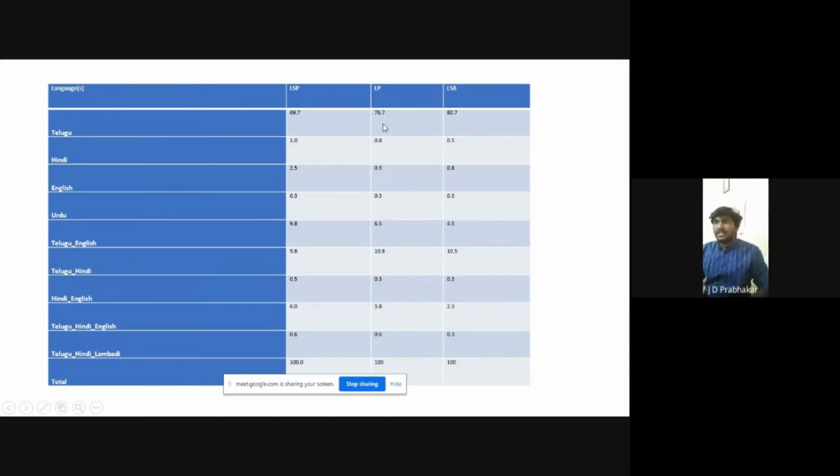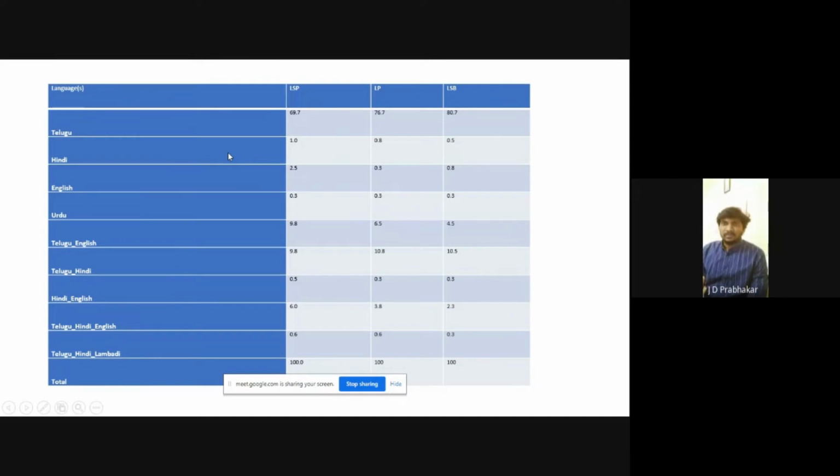So Telugu is used more in LSP, language with superordinates, and everywhere, with superiors, partners as well as subordinates, the choice of language is Telugu, as you see here, 69.7%, 76.7%, 80.7%, everywhere it is used. Most of the people claim Hindi, but only very few people.